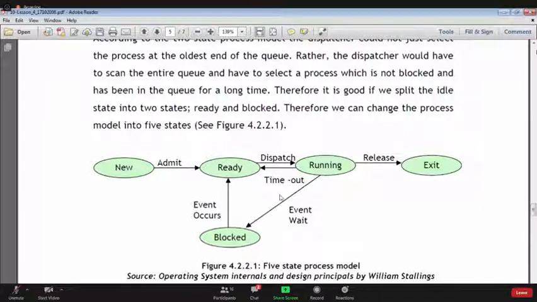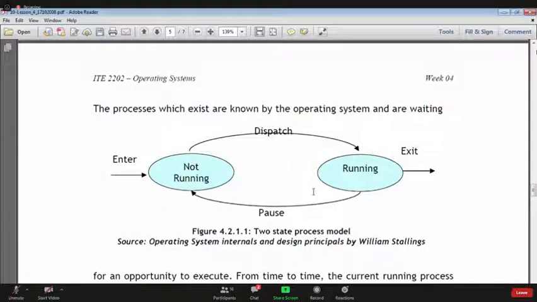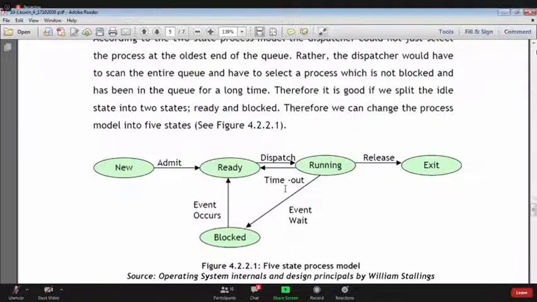And blocked is waiting for an event, and once the event occurs, it can move to ready state. And again, dispatch. Here there are 2 arrows you have to understand. Earlier, there was only a one-sided arrow, but in this model there are arrows both ways.